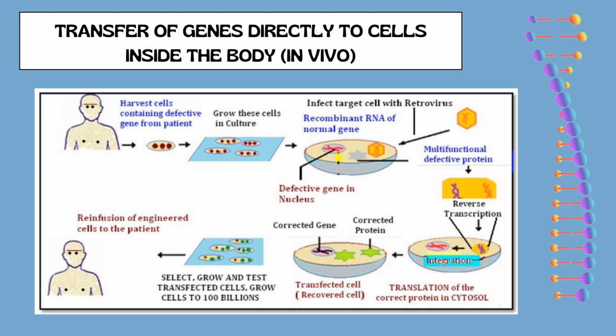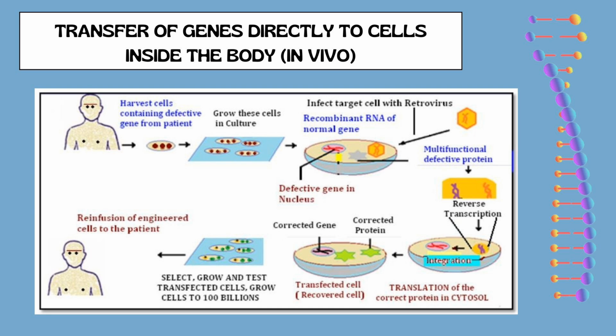Cell selection and expansion, the cells with a successful integration, or integrated and expressed corrected gene, are selected, grown, and expanded to a large number, up to 100 billion cells. Reinfusion, the engineered cells are reintroduced into the patient where they are expected to function normally and correct the genetic defect. The diagram shows this reinfusion into the original patient.